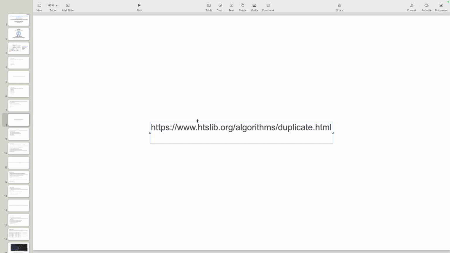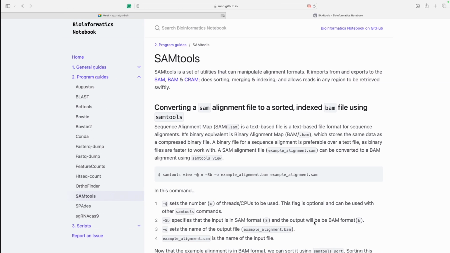Here we have another manual. I'll also share the link for this in the chat box.